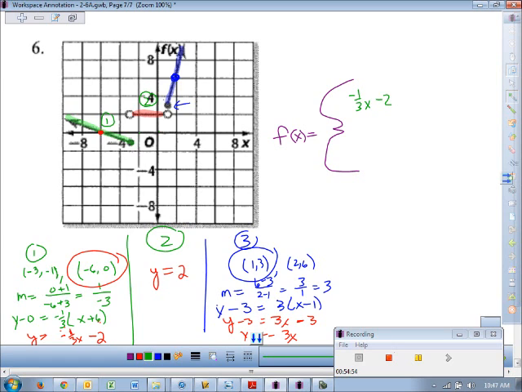What is the restricted domain? Give it a shot. If x is, first of all, would you agree that we're going less than? Correct? Should I have an equal to bar? Yes. And what is the x value of that particular critical point right there? Negative 3.